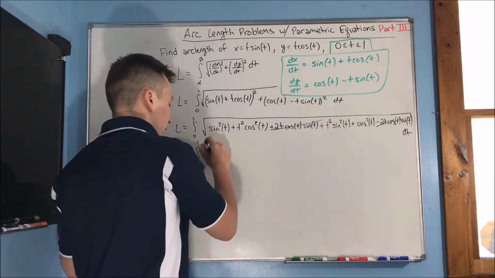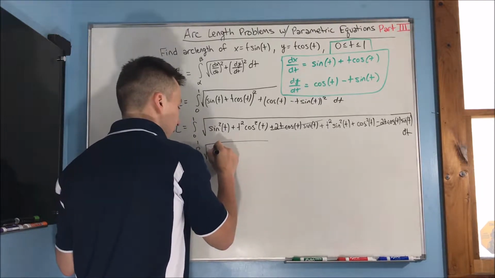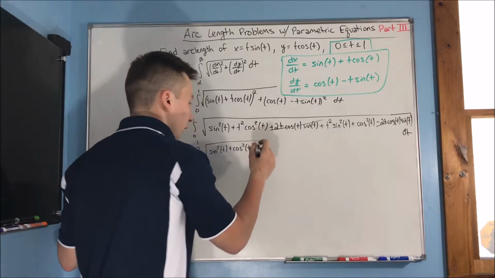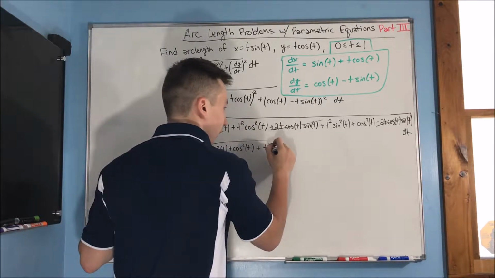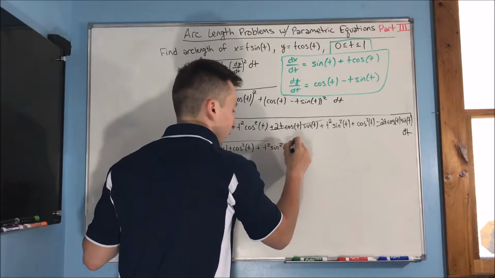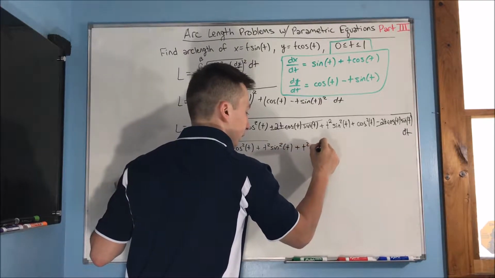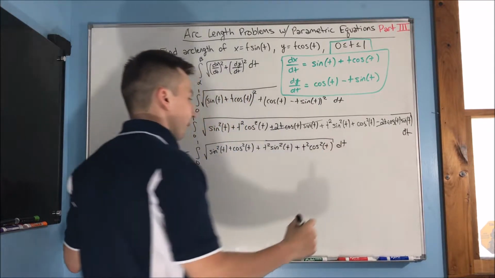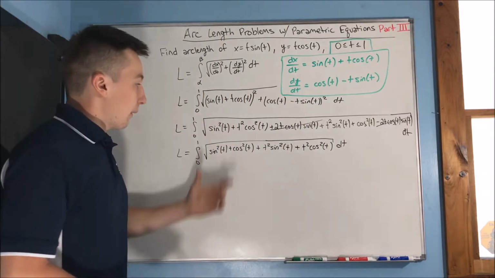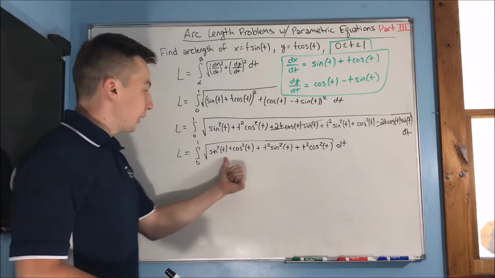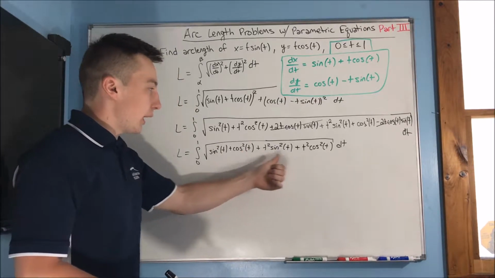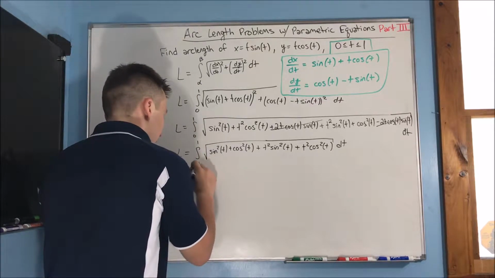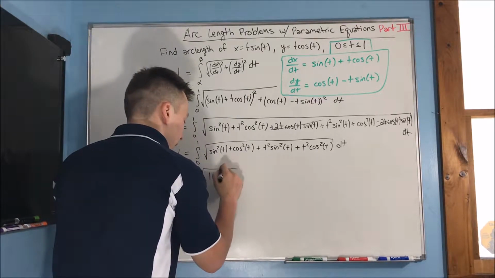We get sine squared t plus cosine squared t plus t squared sine squared t plus t squared cosine squared t dt. Alright, this will simplify down to, this will be 1 and this will be a t squared. Okay, so this is the same thing as saying the integral from 0 to 1 of the square root of 1 plus t squared dt.